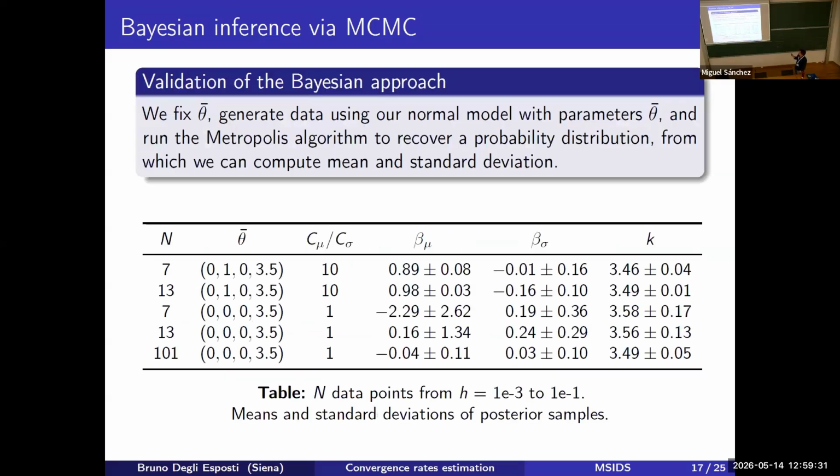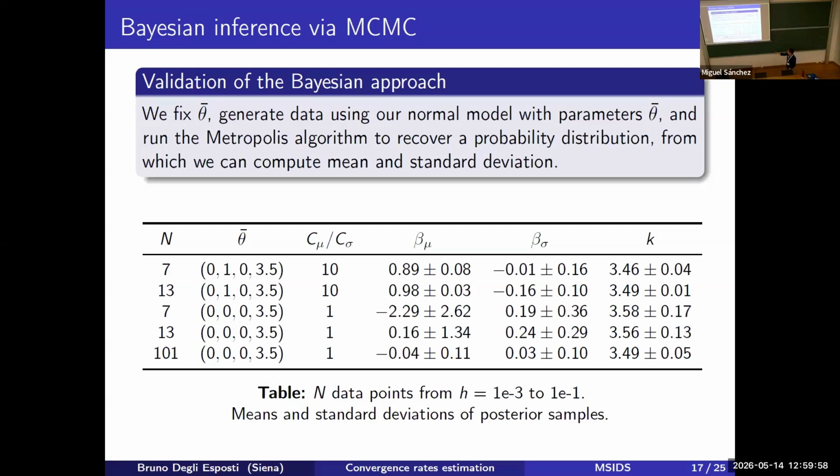So to validate the Bayesian approach, we do exactly this. We fix theta bar, we generate, oh, sorry, that's usually the mean. I'm sorry, this is probably not good notation for people in statistics. Generate data using the normal model, and then run the Metropolis algorithm to recover a probability distribution, which we compare to the value which we use to build the synthetic data set.